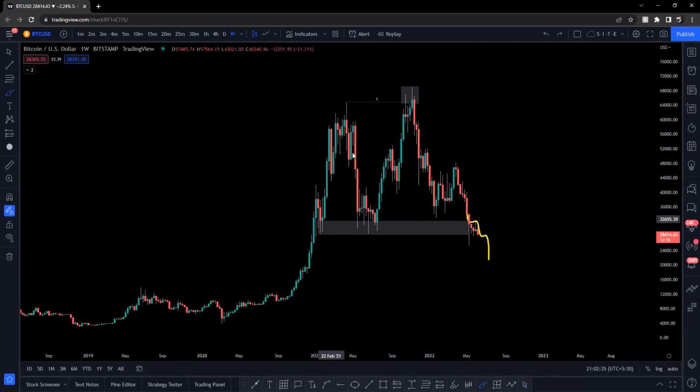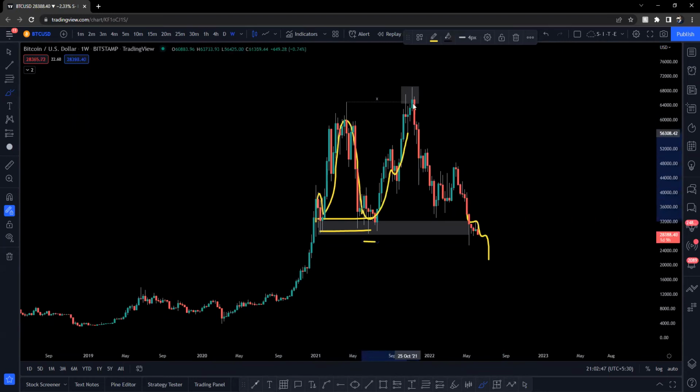Actually, if you can see here on the left side, this is a demand, like retail demand, and everyone is looking here to buy, and they are putting the stop loss just below it, and then the market pushes higher. Again the market pushes downside, then again a lot of people are buying here, more compared to this one. Then the market creates more liquidity on the downside, taking all the stop losses just below it.